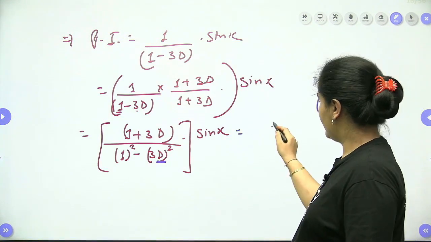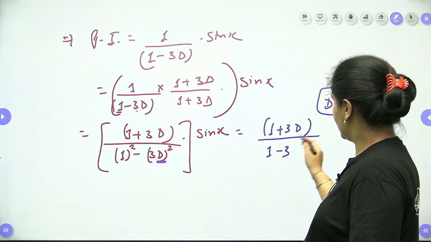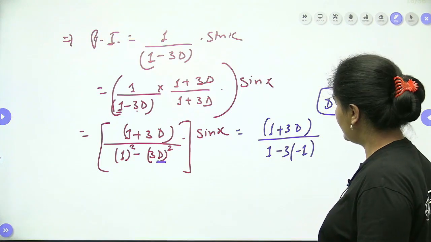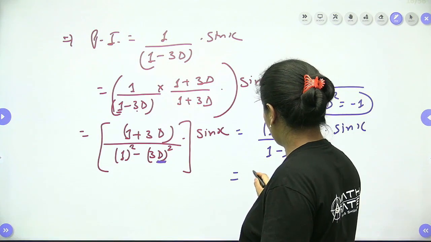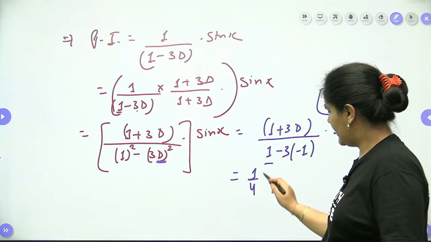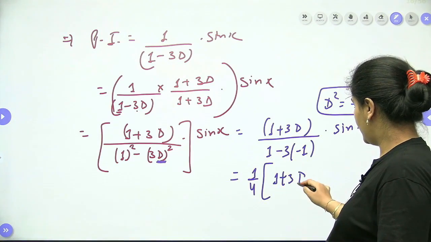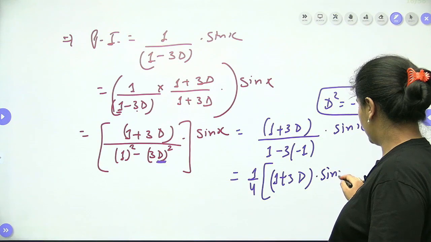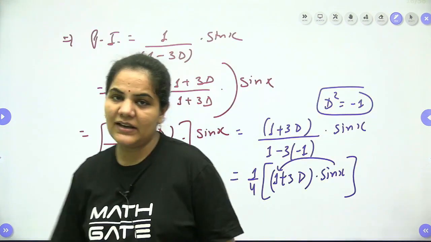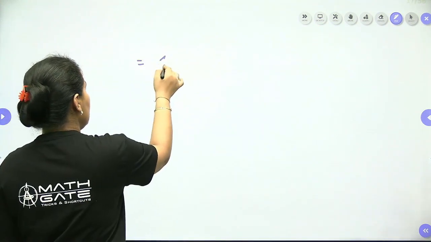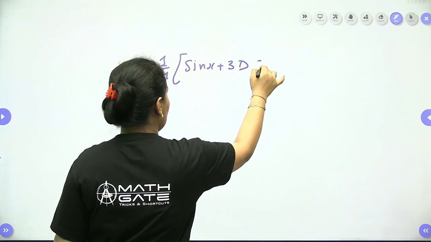So we can write it as 1 plus 3D here, over 1 square is 1, minus 3D square will be minus 1 only, into sin x. So it will be minus minus plus 3. Hence it is 1 by 4. We can separate 1 by 4, and here we have 1 plus 3D on sin x. So multiplying sin x by 1, it will be 1 by 4 into sin x plus 3 into D of sin x.